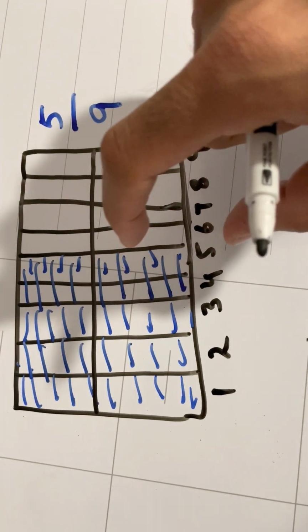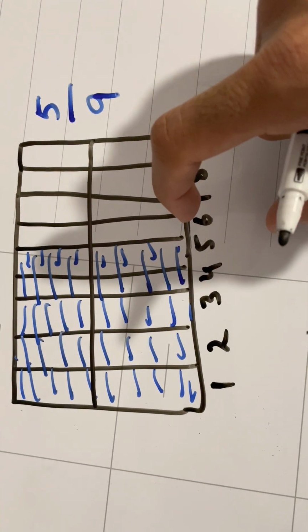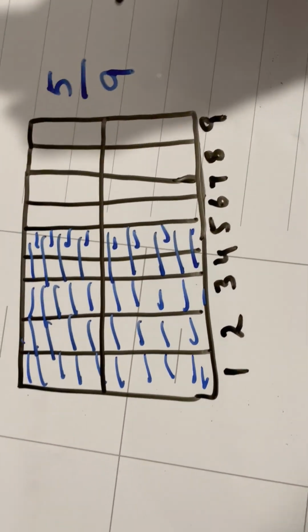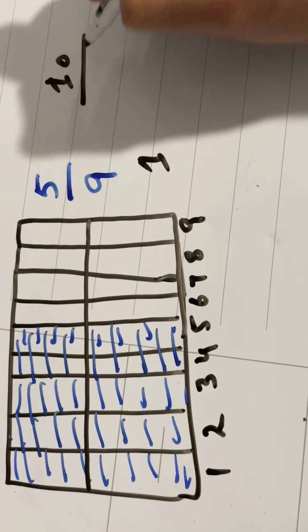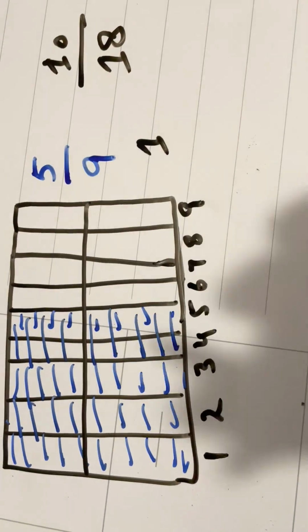Now it has overall 18 parts, 9 below this center line and 9 above the center line. 5 are shaded in overall this way, and now 5 are shaded below the center line and 5 are above the center line. That means 10 out of 18 are shaded. Now it has 18 parts, 9 below and 9 above.